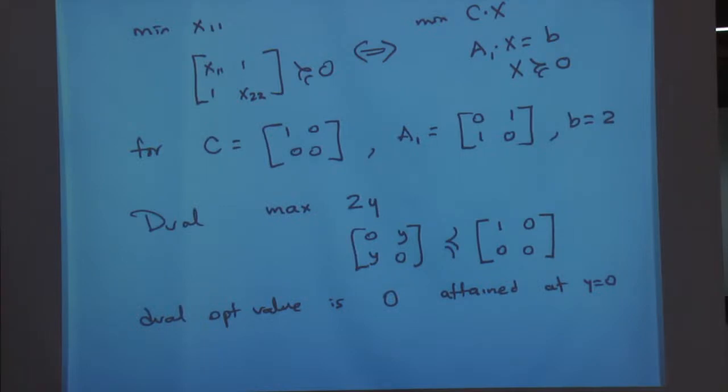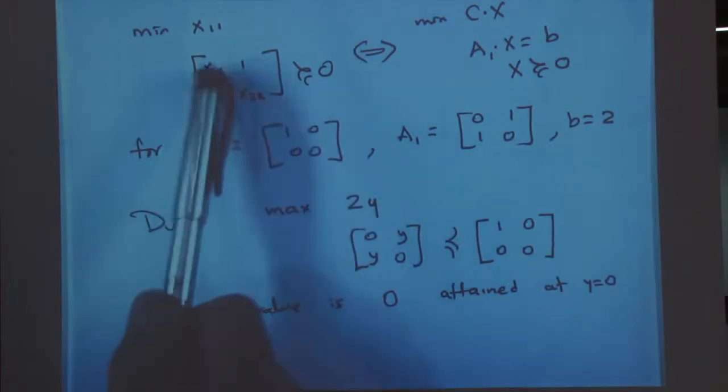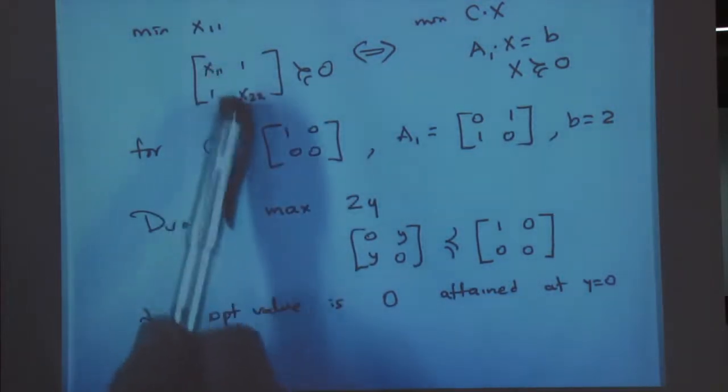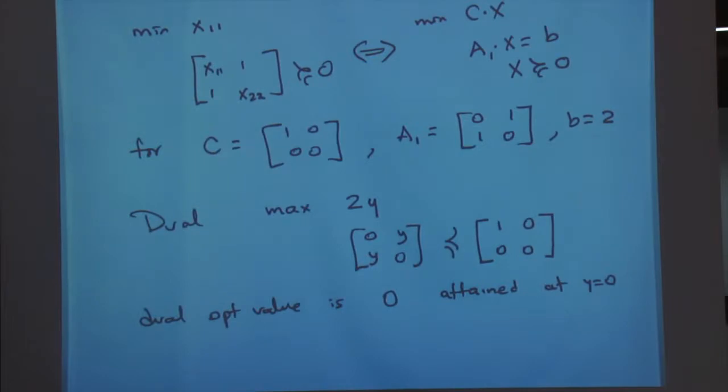Because the matrix has to be positive semi-definite, the diagonal elements have to be big enough, positive, so that the determinant is positive, right? So we should have the determinant here, x11, x22 minus 1, that should be positive. And then we can set x11 and x22 sufficiently positive so that that happens, right?